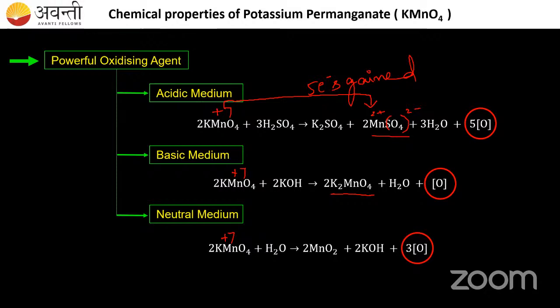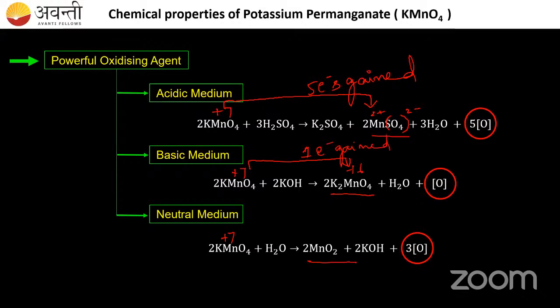So how many electrons are gained by manganese? A decrease in the positive charge means it has gained electrons. Oxidizing agent means electron acceptor. So one electron is gained.